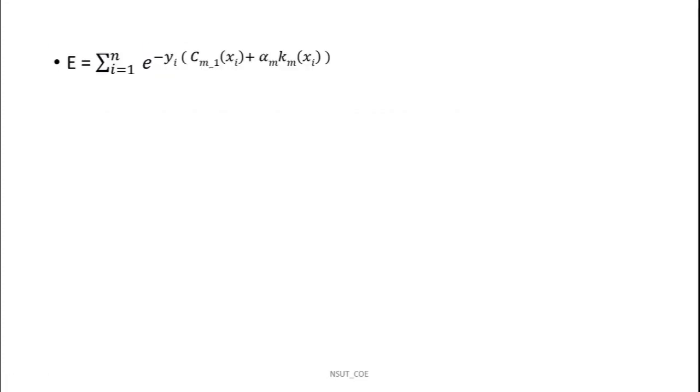Now on substituting cm xi as cm-1 xi plus alpha m km xi, we get this equation for the error function E. Now in this equation, the term e raised to the power minus yi cm-1 xi is nothing but the weight assigned to the ith training sample at iteration m. So replacing this by Wim, we get this equation.